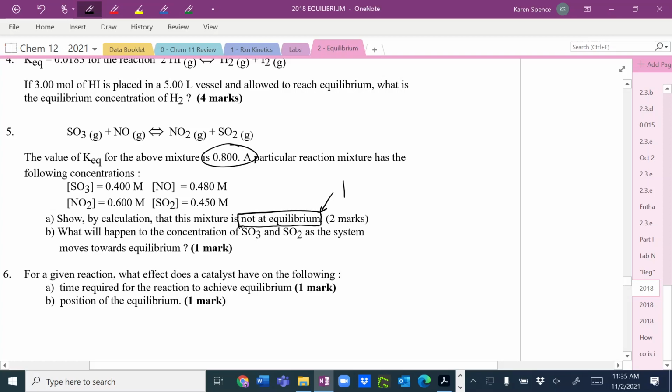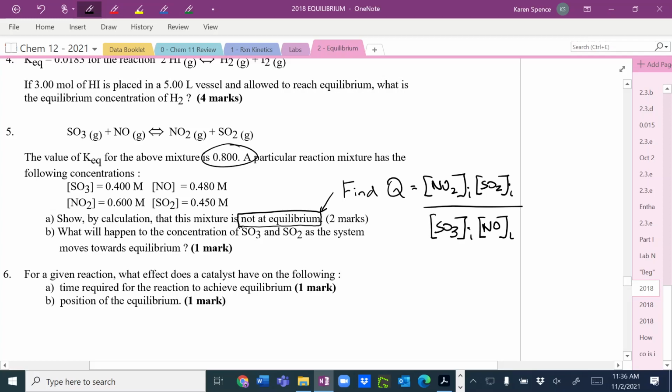You are going to find not KEQ, but Q. Because Q will tell you if you are at equilibrium, and if not, which way you are going to shift. Okay? So that's going to be NO2 initial times SO2 initial over SO3 initial times NO initial, which is, let's see, NO2 is 0.6, SO2 is 0.45.